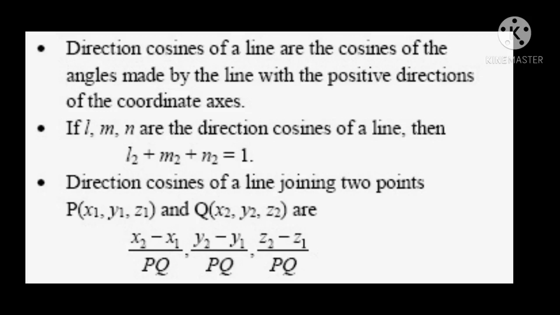Here we are having P and Q, two different points. P is x1, y1, z1, Q is x2, y2, z2.